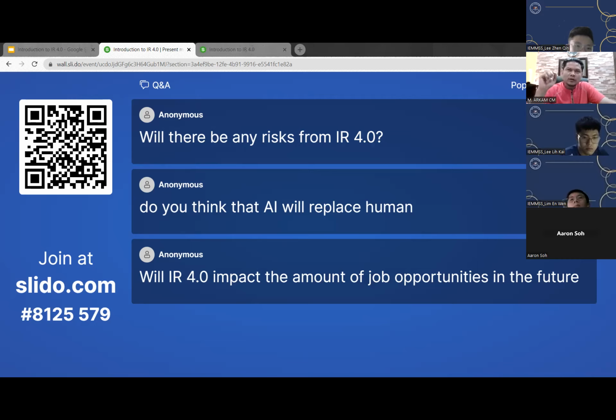Even though you purchase things from Lazada or whatever retail platform, it's all recorded. So this is where the risk for your personal life or personal data is a very huge risk.